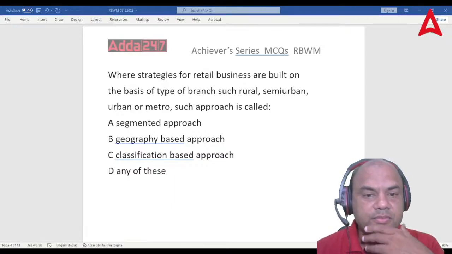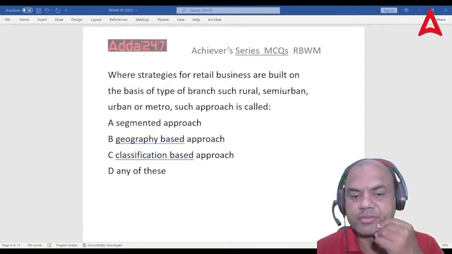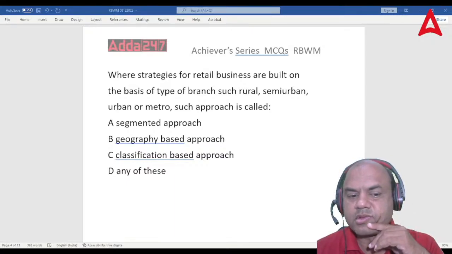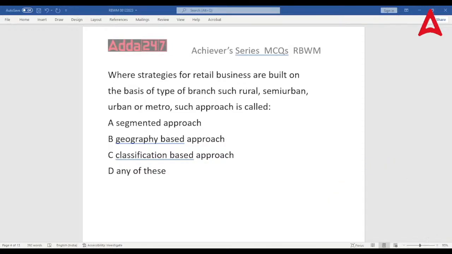Everyone think over it. What is the answer for this?